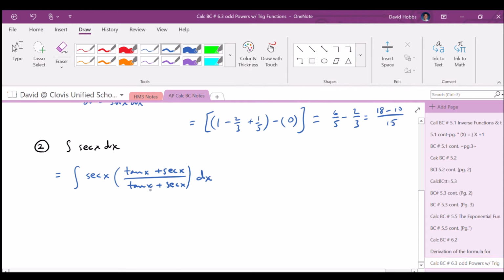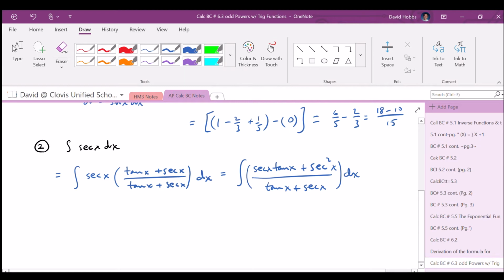We're multiplying by 1, so we're not changing the value of the original. And so what we have then is secant tangent plus secant squared up top, and on the bottom we have tangent x plus secant x.